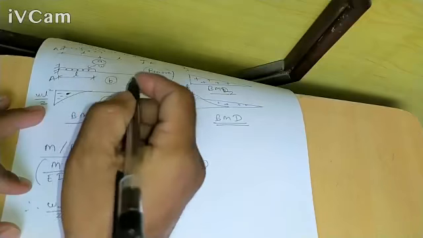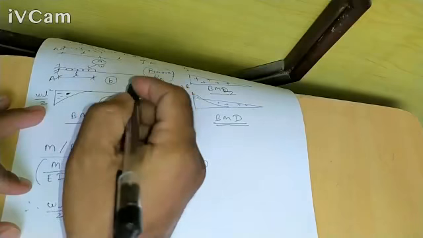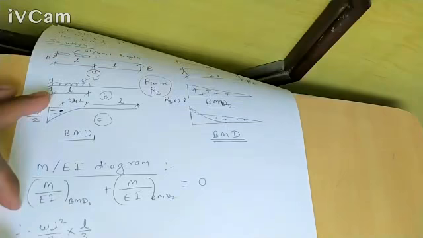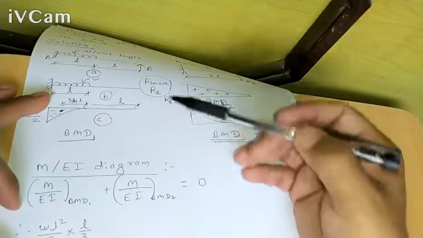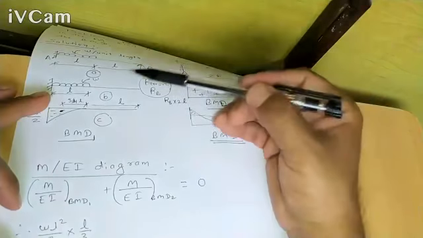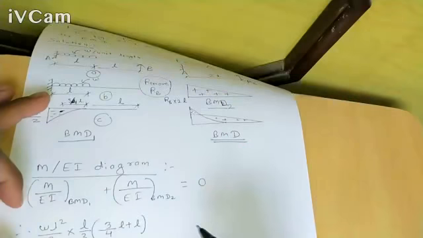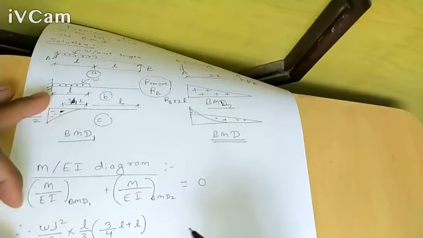Then because of this BMD2, suppose you consider this one positive, so this will have the alternate sign. So RB into 2L. Now this is a simple triangle, so it is half into base into height.